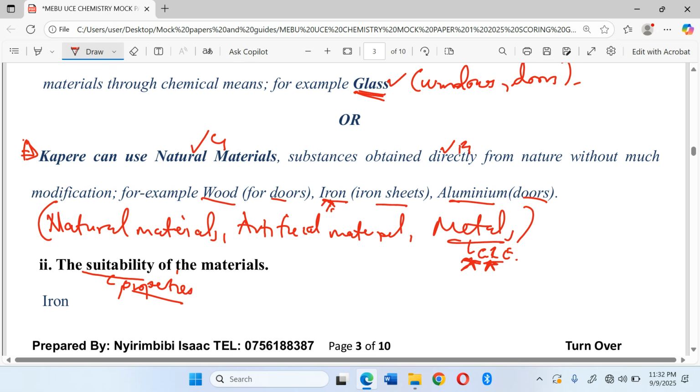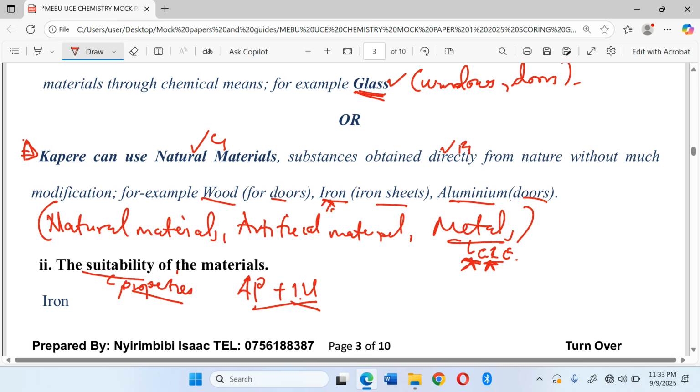And we say that in this case, suitability, we need 4 properties plus 1 use. And we said we can put all these 4 properties summarized, and then one of the points having a use.